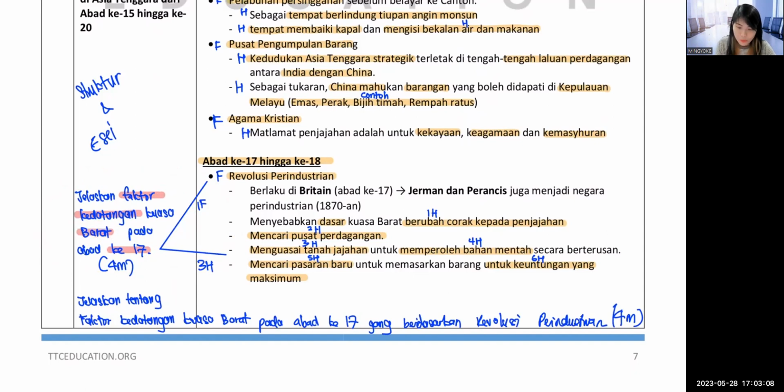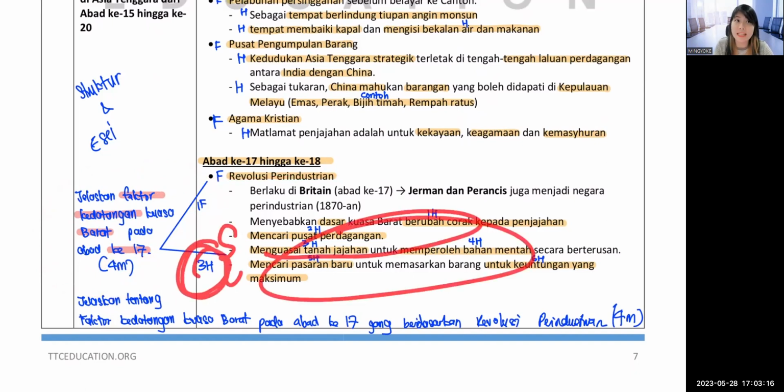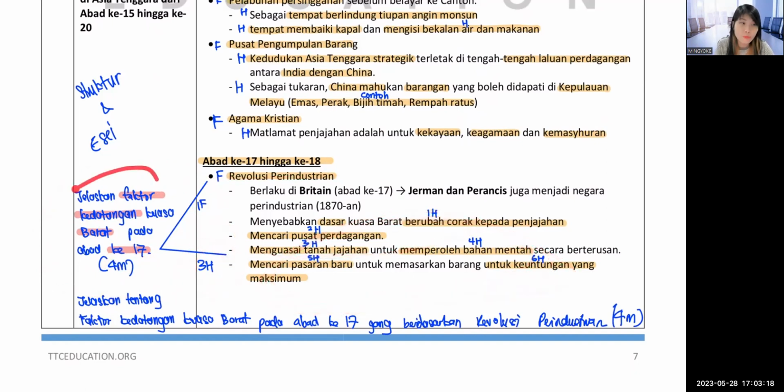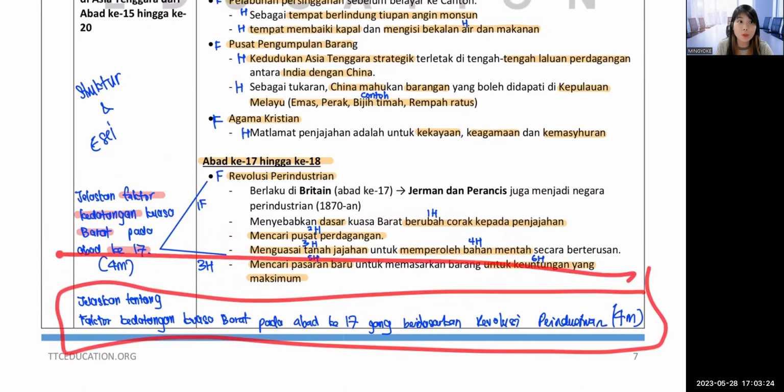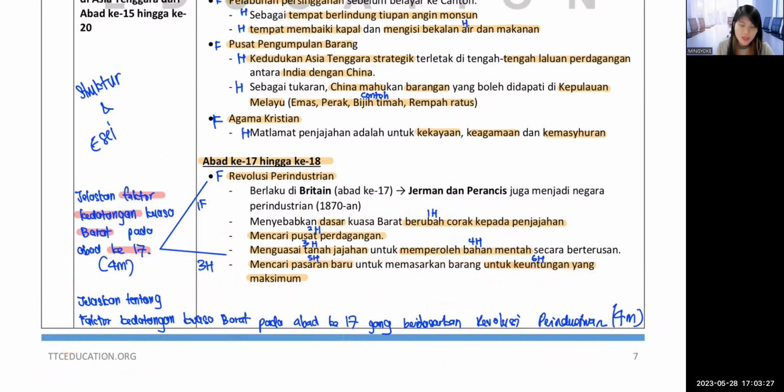Then you look. Faktor kedatangan 4 marks means what? Revolusi perindustrian 1 mark. Then plus 3 huraian from here, any 3, then you get 4 marks. But if the soalan suddenly became like that, guys, you look, very important. Jelaskan tentang faktor kedatangan kuasa barat.